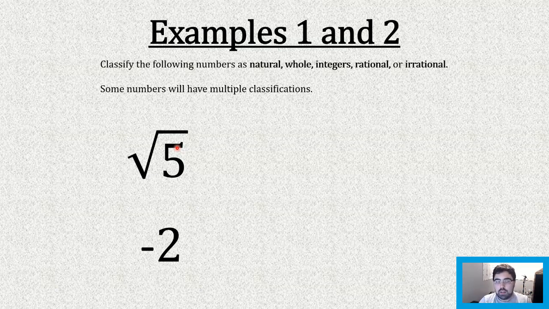So like square root of 5, can you make it into a fraction? Sure. But the square root of 5 is not an integer, so it doesn't fit the definition to be rational. Another way of thinking about that, if you take the square root of 5 and you turn it into a decimal, it's going to be a decimal that never ends and never repeats, which means it's irrational.